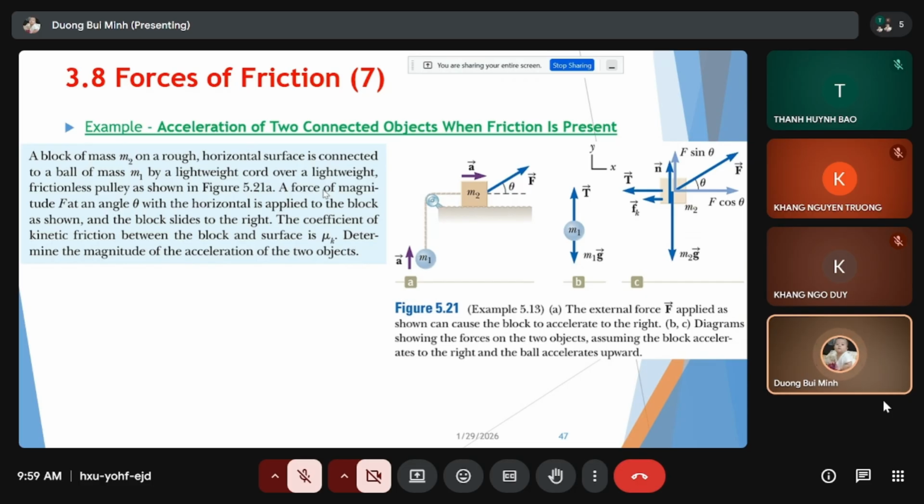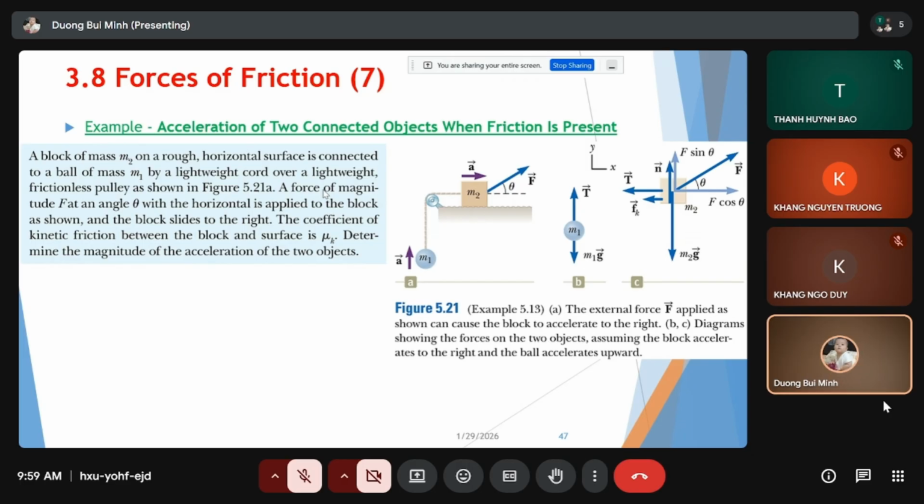Here we have F cosine theta, and then here we have F sine theta. And we have a very important force, friction force.